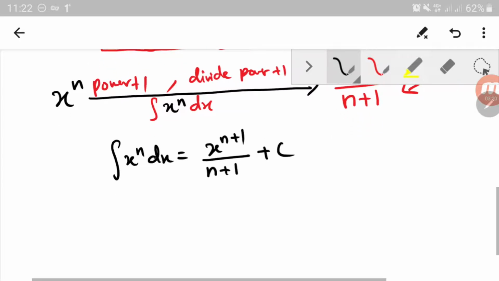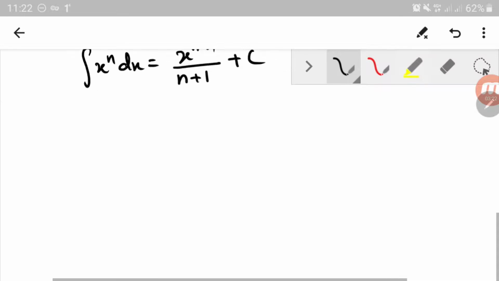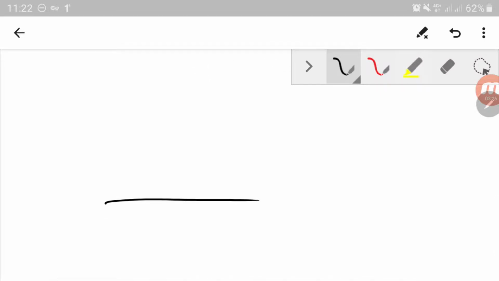Okay, let's move on to the next one. The next form is something in the form of f(x), a function, with a power outside of the bracket.